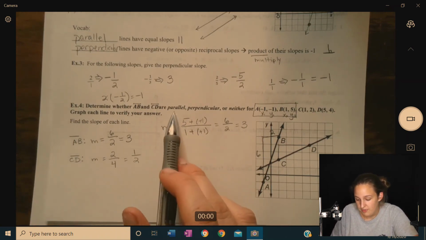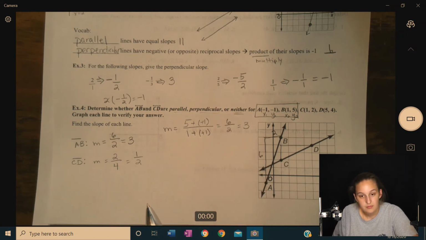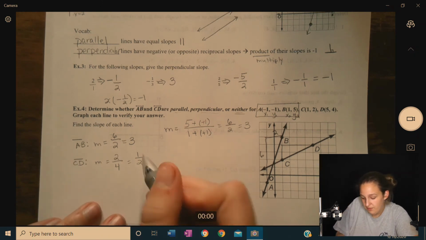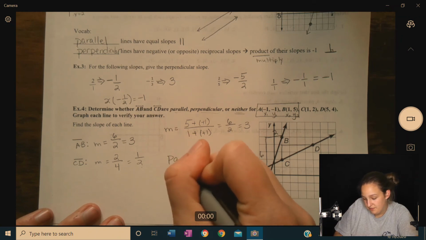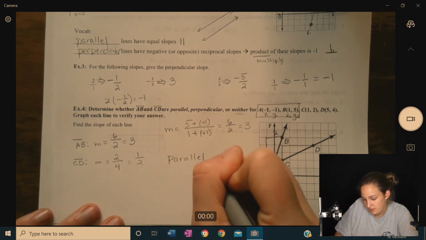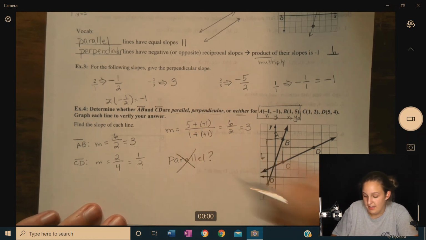But now we want to know if these are parallel, perpendicular, or neither. Well, this one is 3 and this is 1/2, so are they parallel? Well, for it to be parallel, they have to have the same slope, so that's not right. They're not parallel.